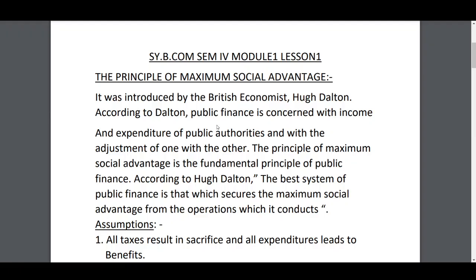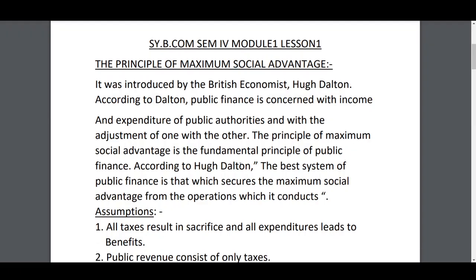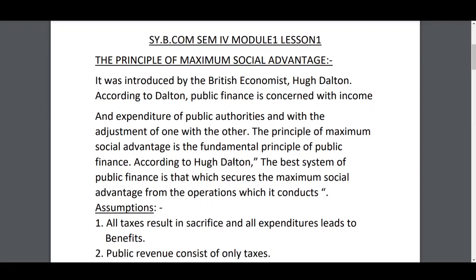According to Dalton, public finance is concerned with income and expenditure of public authorities and with the adjustment of one with the other. The principle of maximum social advantage is the fundamental and main principle of public finance.